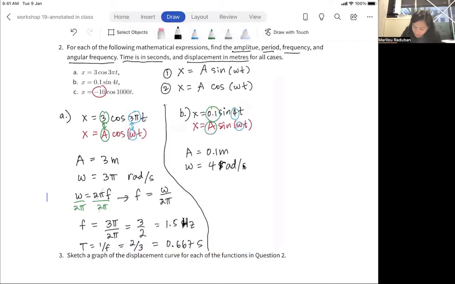So once you have angular frequency, the normal frequency f is equal to angular frequency divided by 2 pi. So that will be 4 divided by 2 pi.